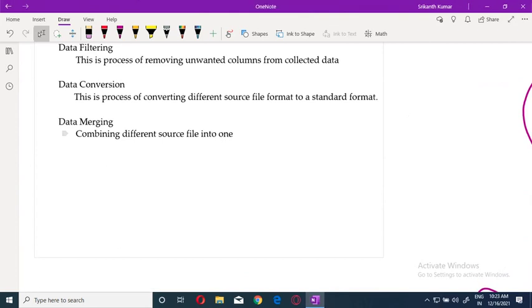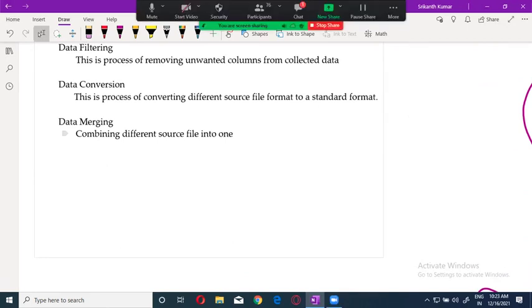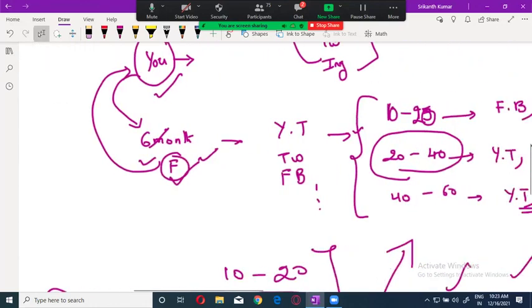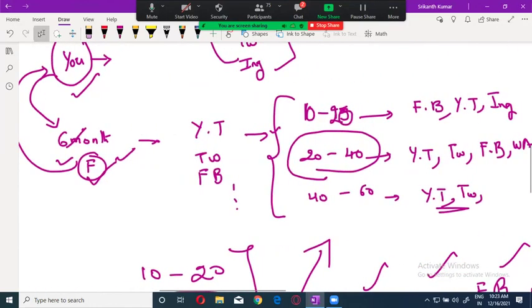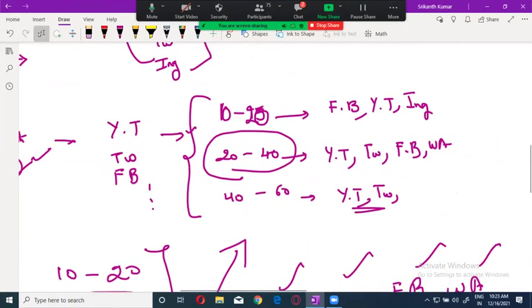Not the quality yet. It is perfect structured data. Previously the structure was 0 to 20 years, 20 to 40 and 40 to 60. What you have done, you got the data what you required. It is perfect structured data.